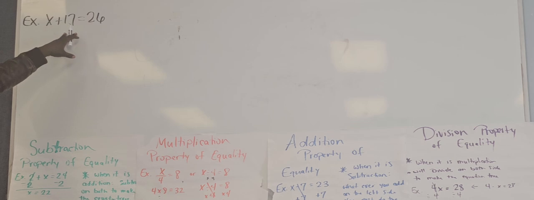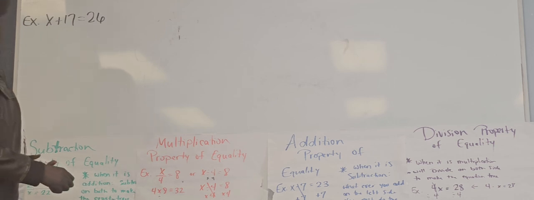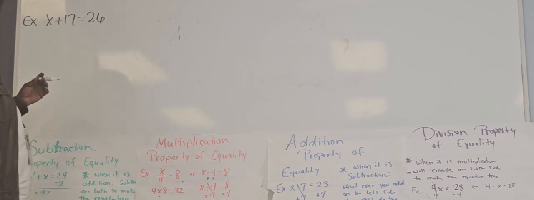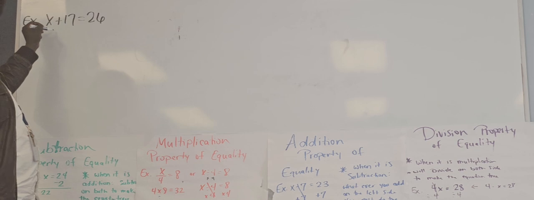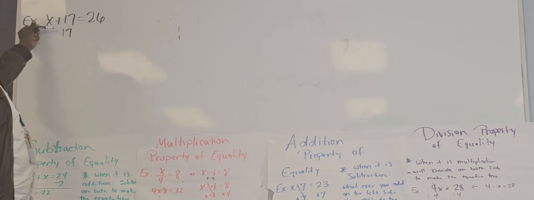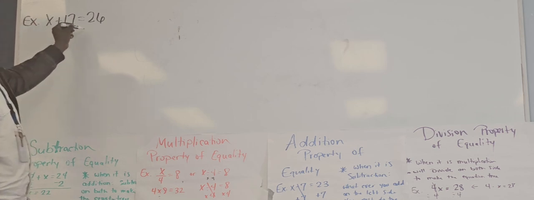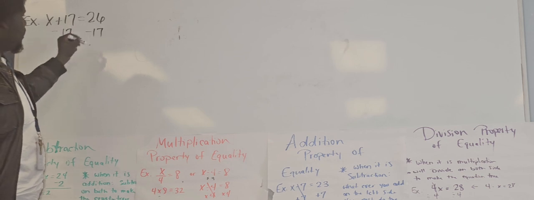Because this is addition, and we're trying to figure out what x is, we have to do the inverse operation to figure out what x is. So, right now, we're going to be doing subtraction. Here's where the property comes in. If we subtract 17 from this side, we have to subtract 17 from the other side as well.